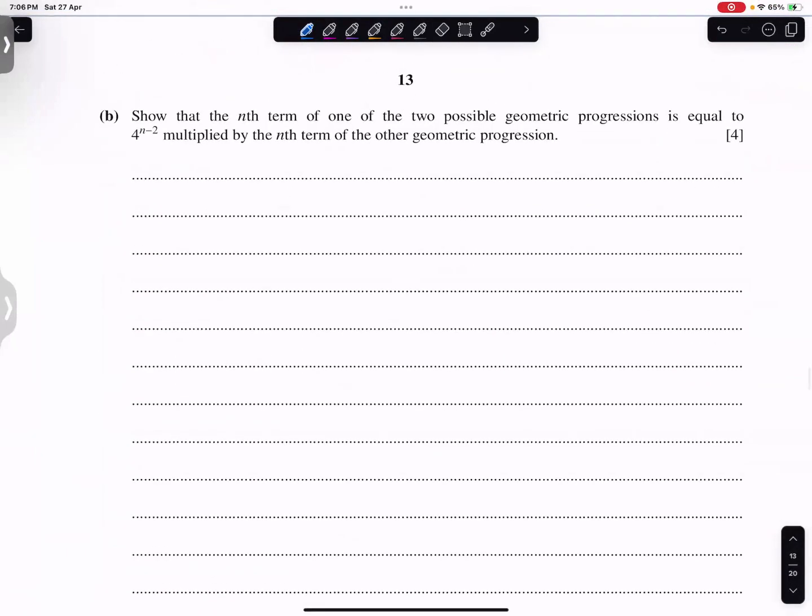Show that the nth term of one of the two possible geometric progressions is equal to 4 raised to the power n minus 2 multiplied by the nth term of the other geometric progression. So we have first term 20 and 80. So what was my second term?